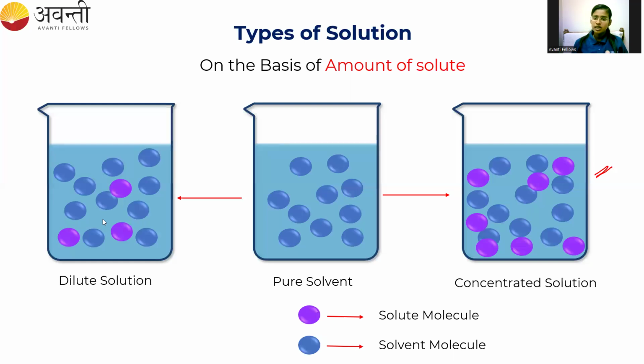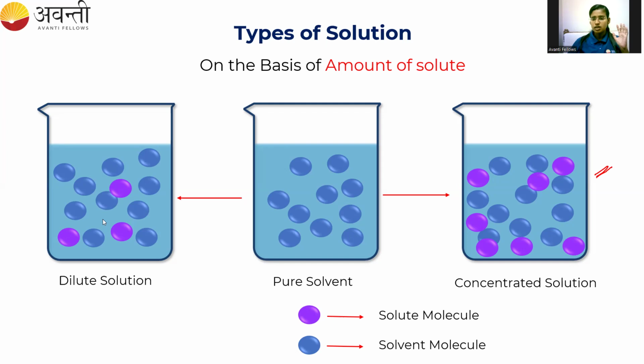If the solute particles are almost equal with the solvent molecules, then it is called a concentrated solution. Okay, clear? So in the first classification, we had homogeneous and heterogeneous. In the second classification, we had gaseous, liquid, and solid solution. And in the third classification, on the basis of amount of solute, we have dilute and concentrated solution.